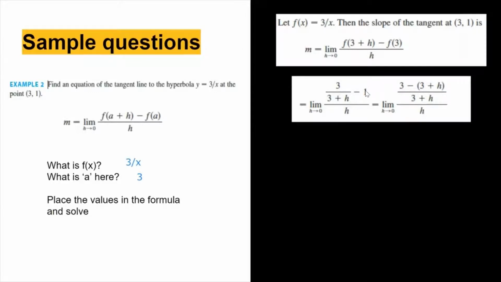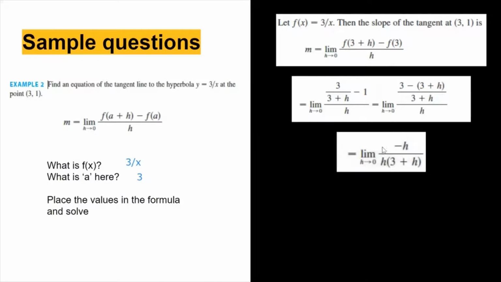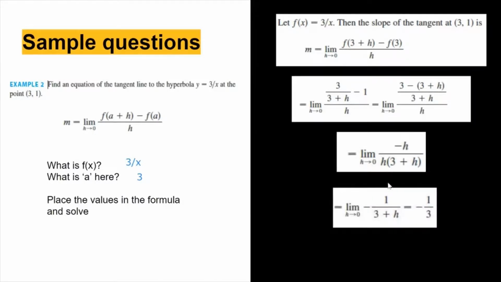While it might seem that it doesn't lead to anything, carry out as much simplification as possible. In this case, the 3 and the 3 cancel out, and we end up with a negative h. The negative h and the h cancel out, and then we're left with negative 1 by 3 plus h, which becomes negative 1 by 3, which is also our answer.